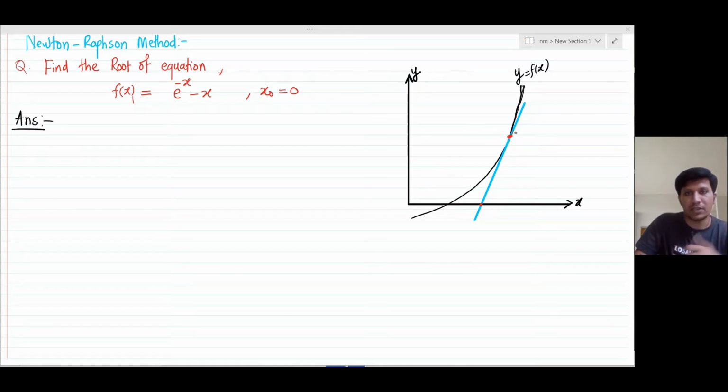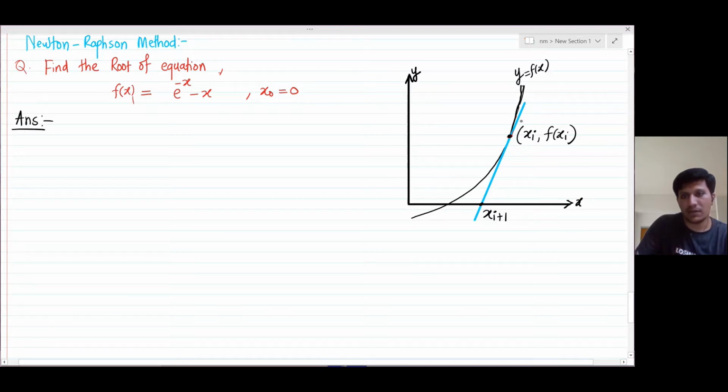Suppose the initial guess xi is given, then we know the function f of x, so we can calculate f of xi. As we see in the Newton-Raphson method, we can draw the tangent from this given point, and if we extend that tangent, it crosses the x-axis, and it is the improved estimate of the root, and we denote that by xi plus 1.